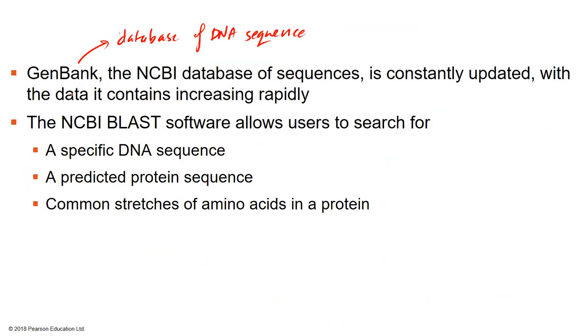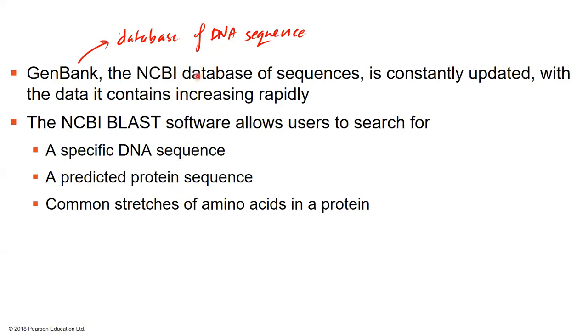So for example, there are different databases within the NCBI. We have databases for genomes, genes, proteins, protein structures, all sorts of biological data. One database is called GenBank. From its name, it's a DNA sequence database.